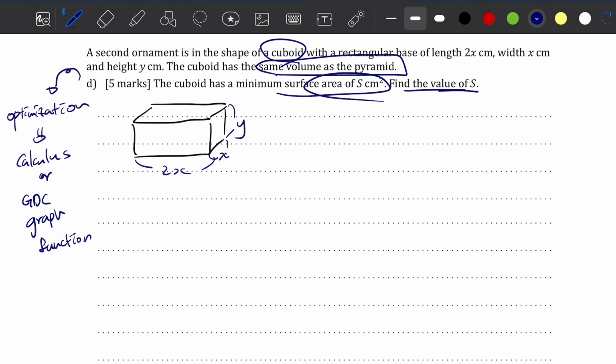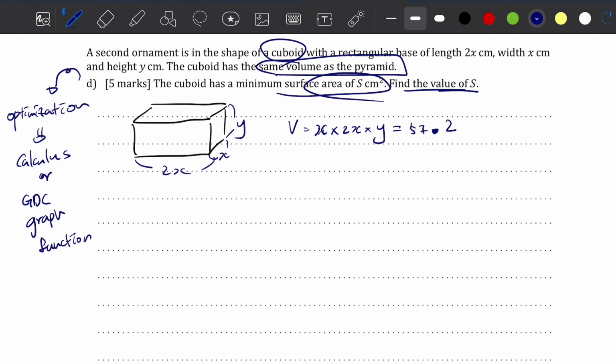To use optimization with this question, we need to set up two equations because we have two unknown variables. So we know that the volume of this cuboid is x times 2x times y, and is equal to 57.2 from the previous question.